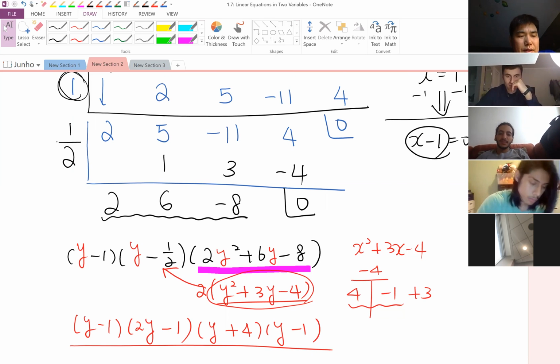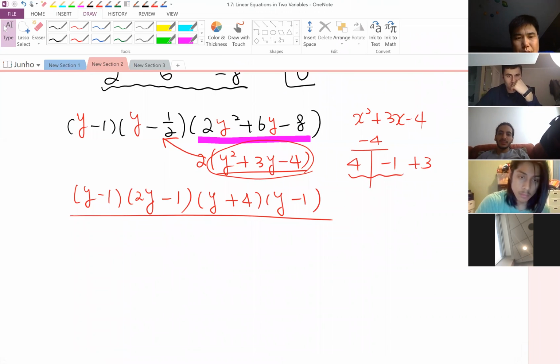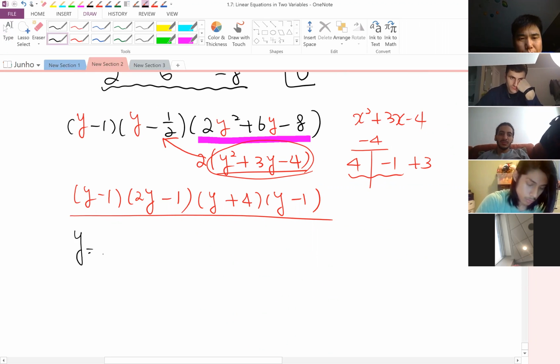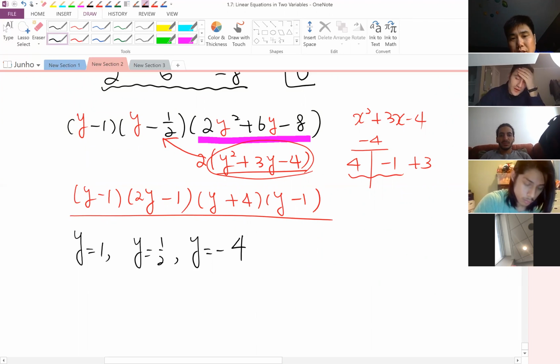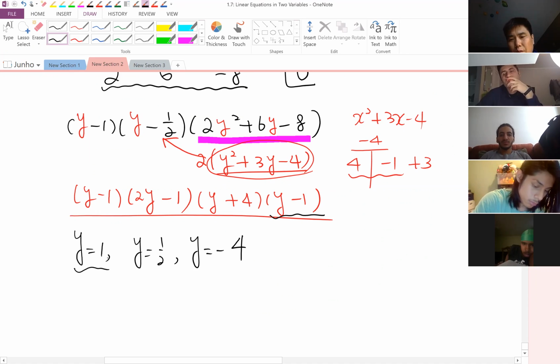So you can say y equal to 1, we found it. Also y equal to 1/2, and y equal to -4. And then this one gives 1 again, so I don't want to repeat it because this is a square power answer. So 1, 1/2, and -4 will be the answer.